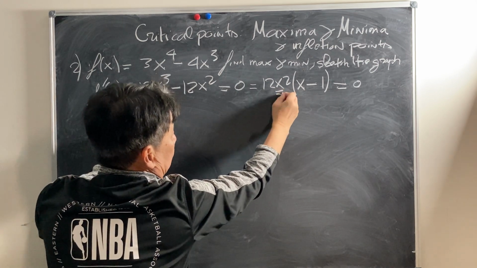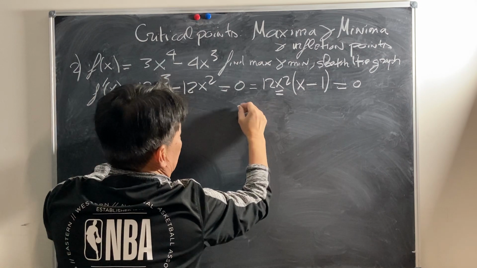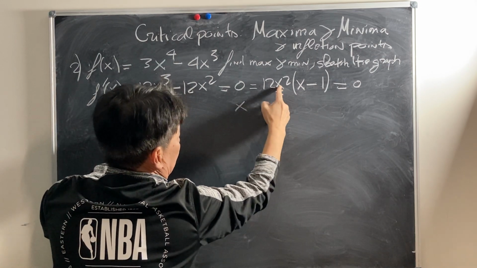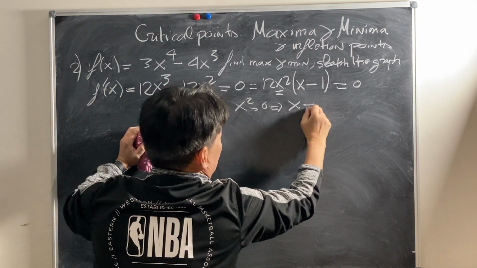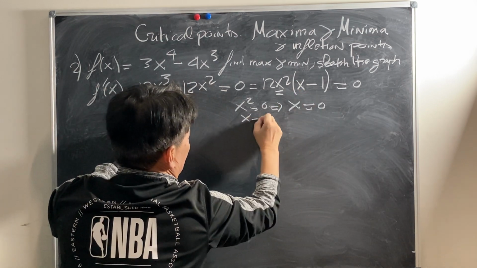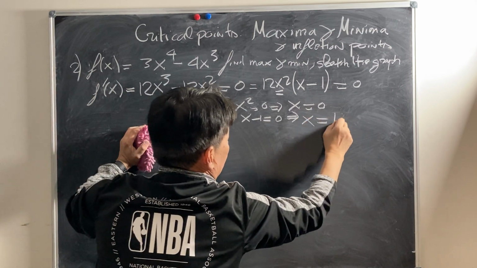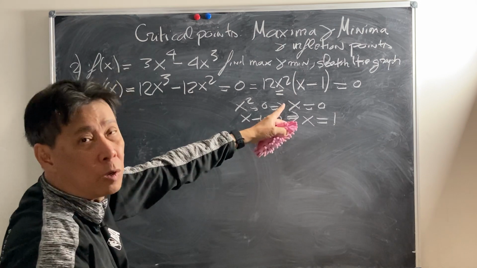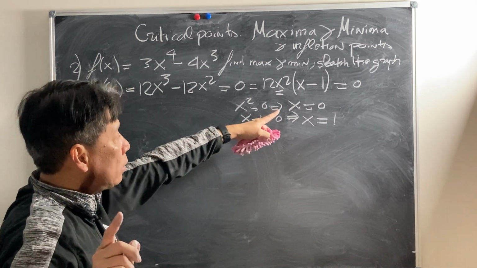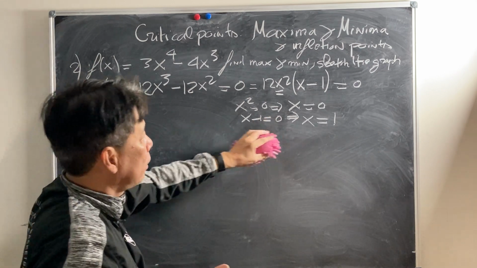That means x squared equals 0 and x minus 1 equals 0. So x squared equals 0, then x equals 0; x minus 1 equals 0, then x equals 1. So there are two critical points.